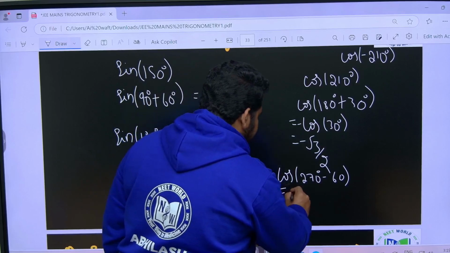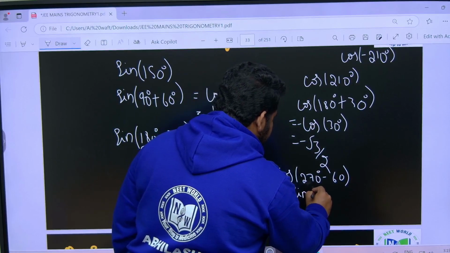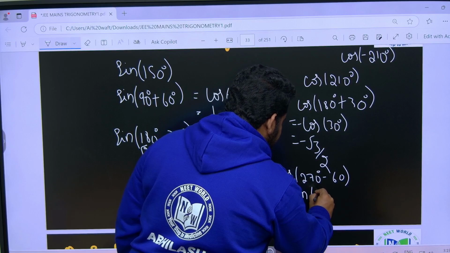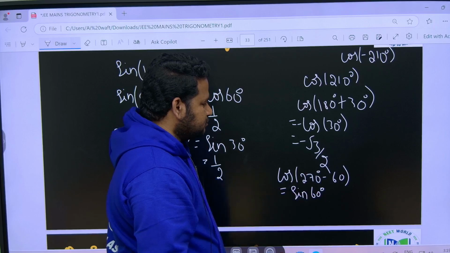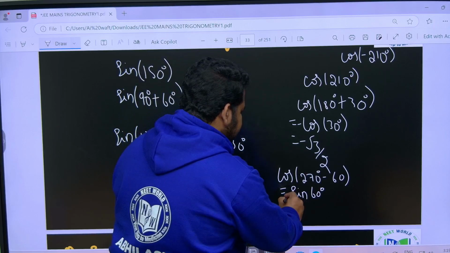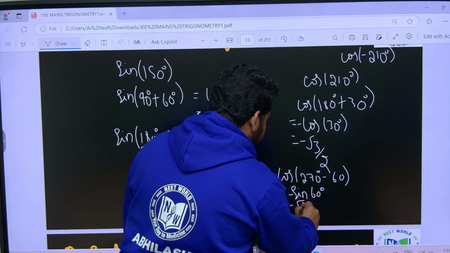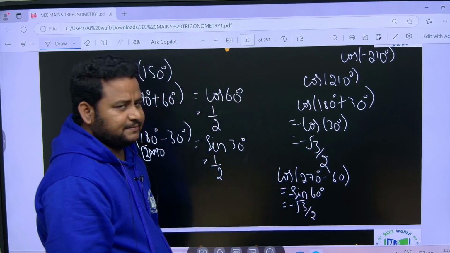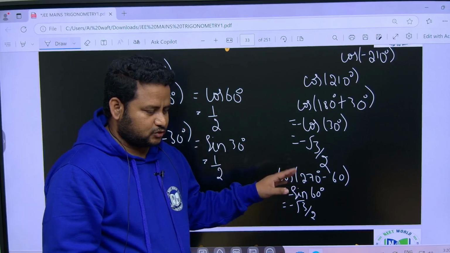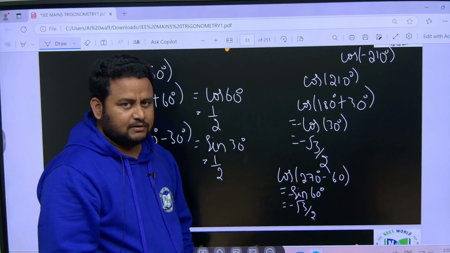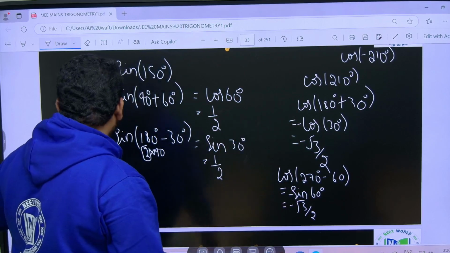Odd multiple means it will become sin 60. But 270 minus 60 is going to the third quadrant, that is minus, so it is minus sin 60, which is minus root 3 by 2. So both ways we are getting the same answer. I just showed you the approach: how sin changes to cos, when it remains the same, and how to take the angles. I hope it is clear now.